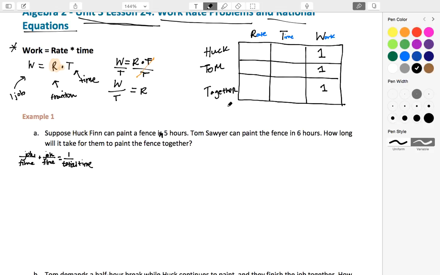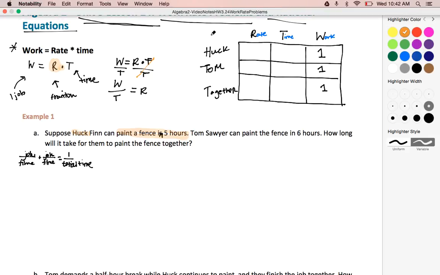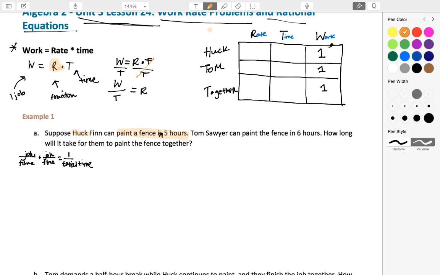Now we know for Huck, it explicitly says here that Huck can paint a fence in 5 hours. Okay, so then what I can write here is 5. So he can paint that in 5.